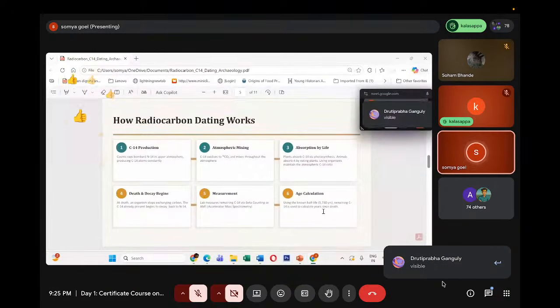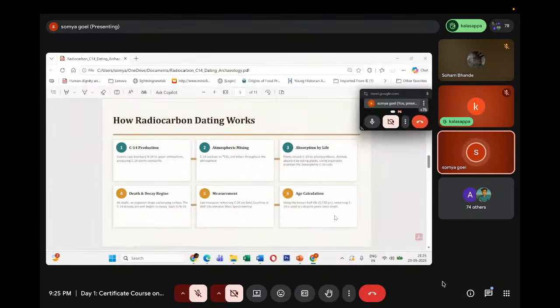I was talking about this particular stage. They give you an age as before present, like BP. Now why 1950 for BP and not the current year? One of the reasons is nuclear weapons testing. During the 1950s and 60s, a lot of nuclear weapons were tested around the world because of the Cold War.